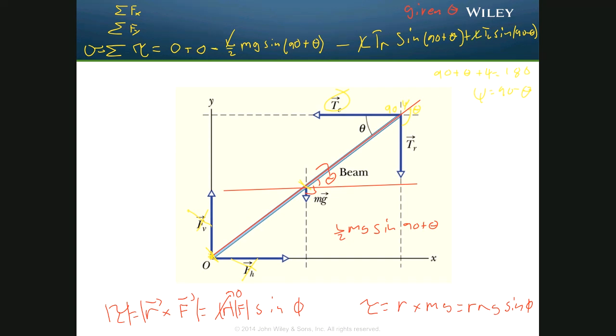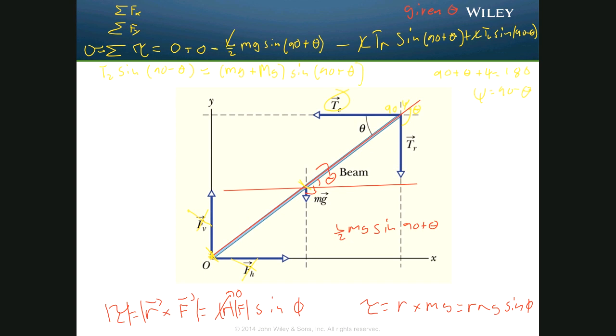And I can rewrite this as T2 sine 90 minus theta is going to be equal to mg plus big mg times sine 90 plus theta. Okay?